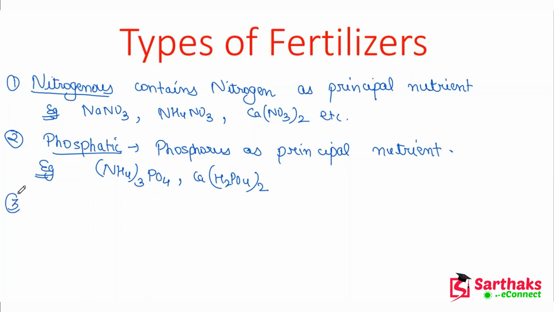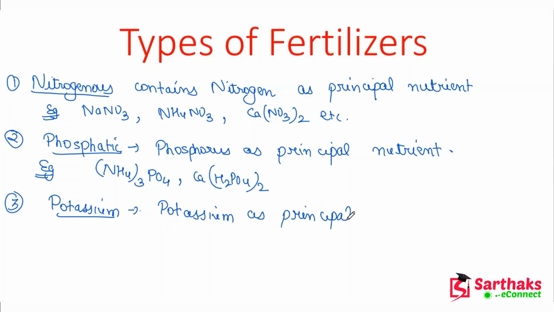Now the third type of fertilizers are potassium fertilizers, and they have potassium as the principal nutrient.